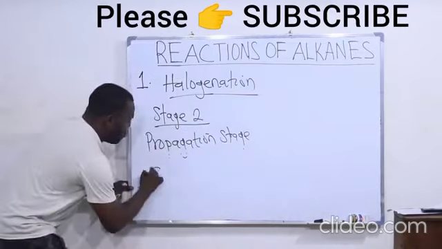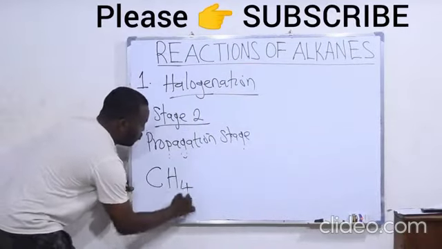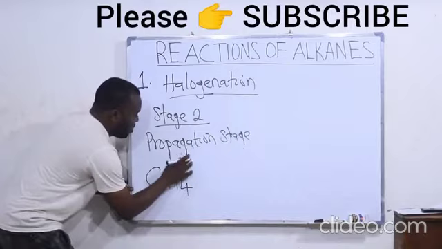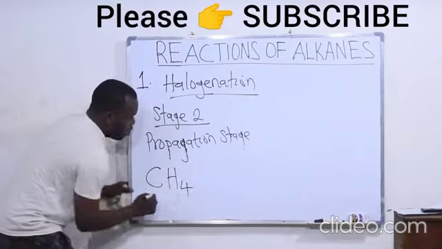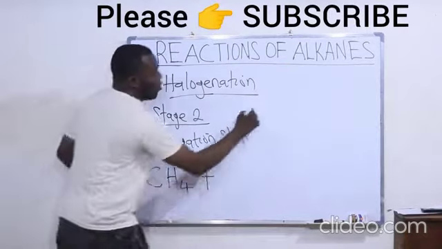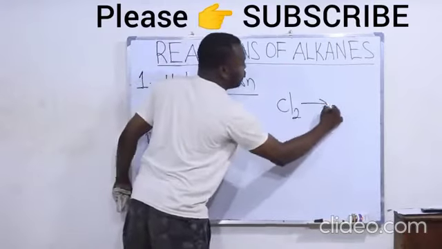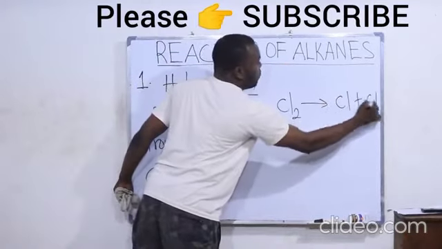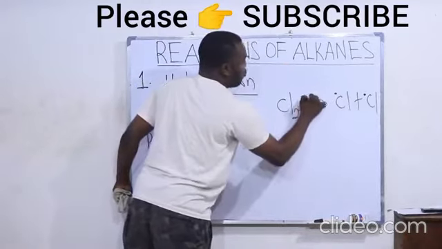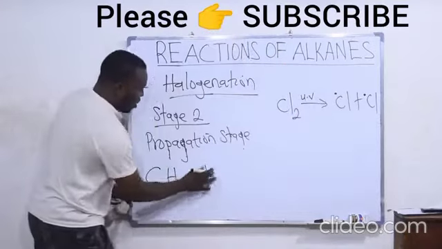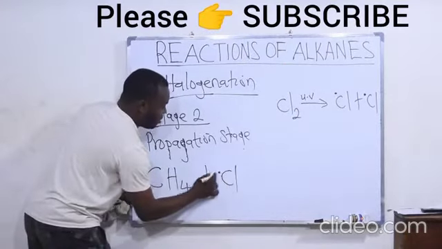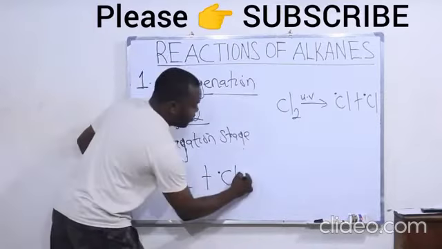This is the alkane, for which we used methane as an example here. Now, of the 2 free radicals we produced, the first one will go and attack the alkane. This is the first radical. It will come to attack the alkane.